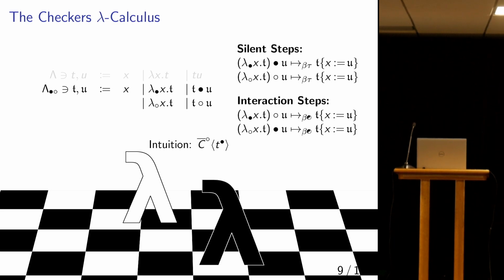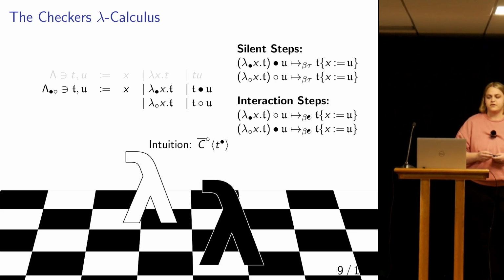We compute, as usual, with beta reduction, but because we have colors, we have actually 4 variants of beta reduction, depending on the color of the lambda and on the color of the application. So we have what we call silent steps, where these are somehow monochromatic redexes, where the color of the application matches the color of the lambda.